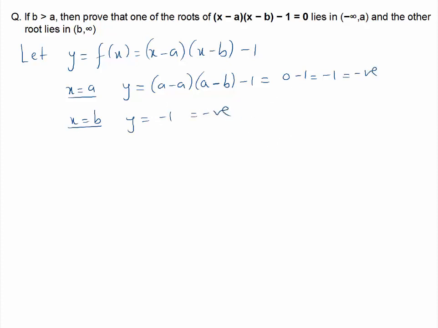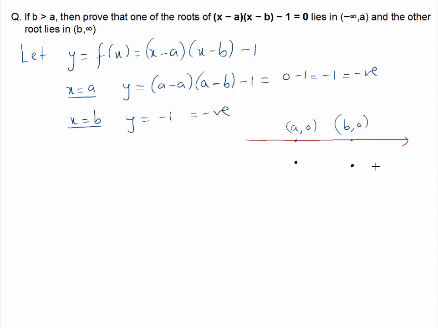So therefore, if we think of the graph, since we don't know whether a and b are positive or negative, we'll not draw the y-axis. We'll just say that this is a comma 0 and let's say this is b comma 0. Now, when we substituted a, we got y as minus 1. So therefore, the point on the curve would be a comma minus 1. Similarly, it would be b comma minus 1.